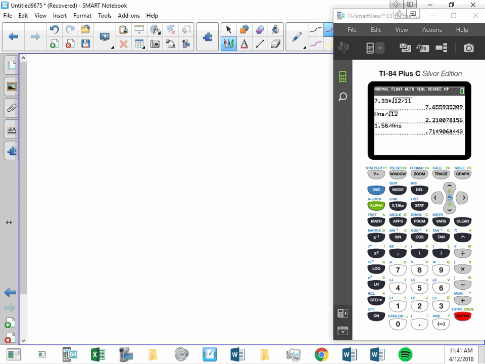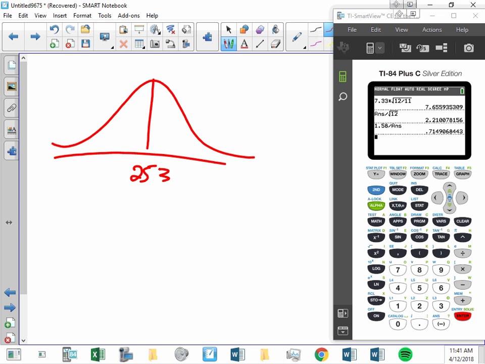So what do we expect the average to be? 253. Okay, and we ended up with 245. Which SD am I going to use?